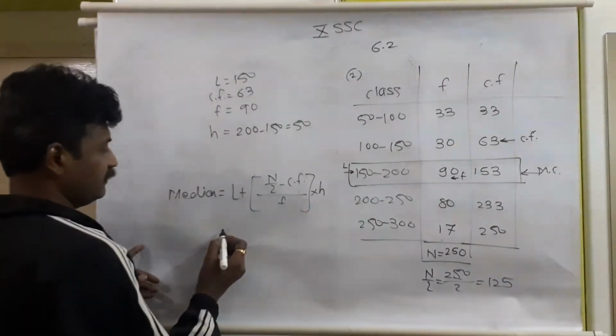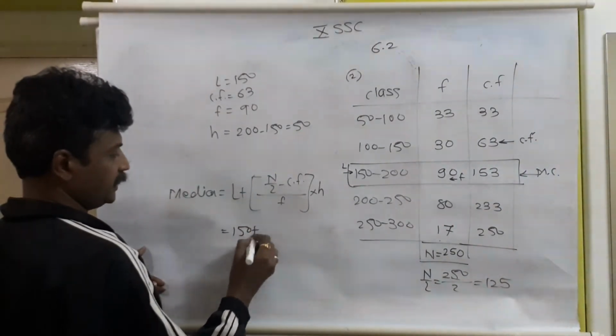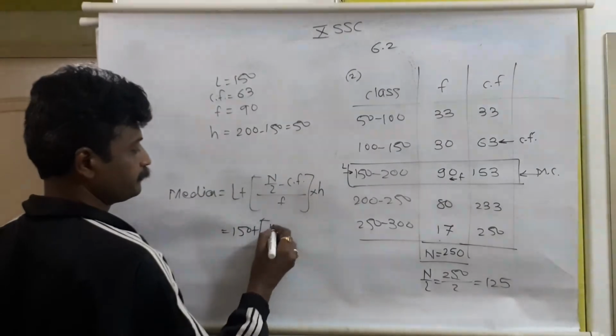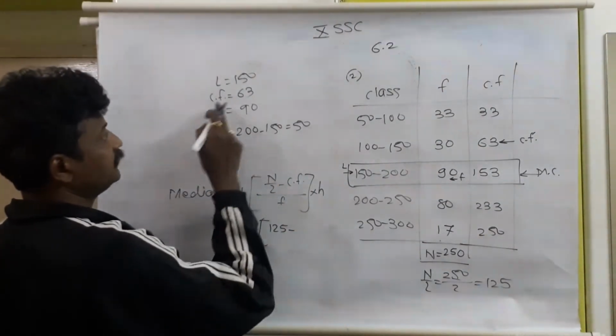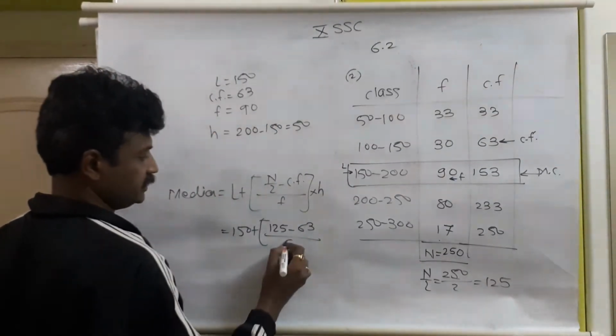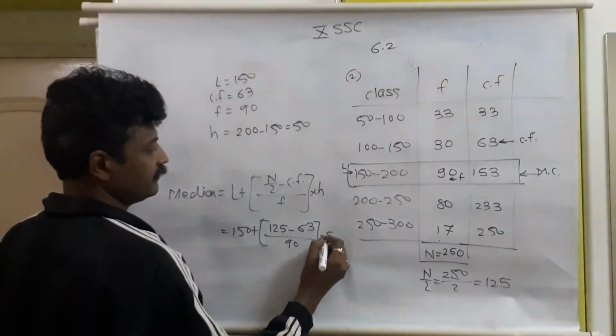Let us substitute the values here. Value of L is 150 plus n by 2 is 125 minus CF, CF is 63, upon F, F value is 90, bracket complete, into H value is 50.